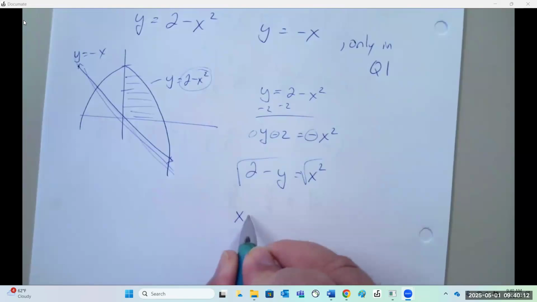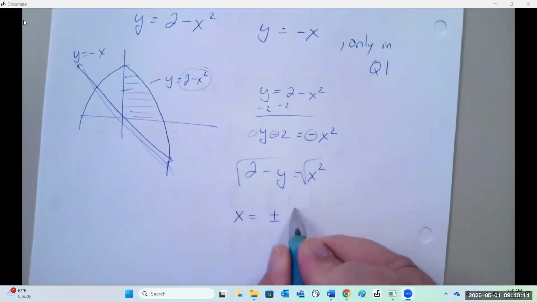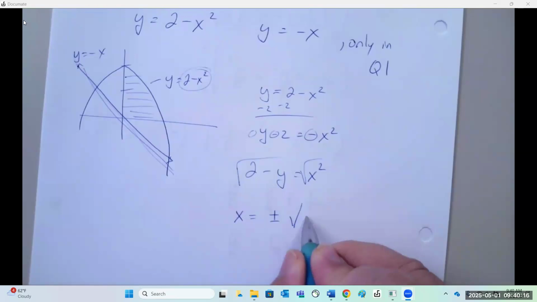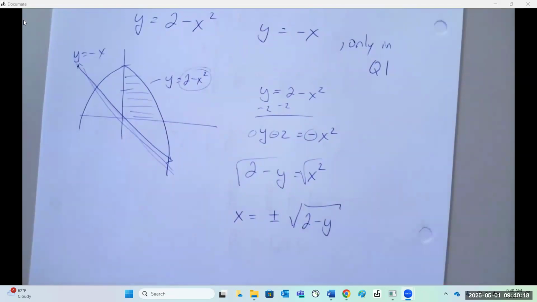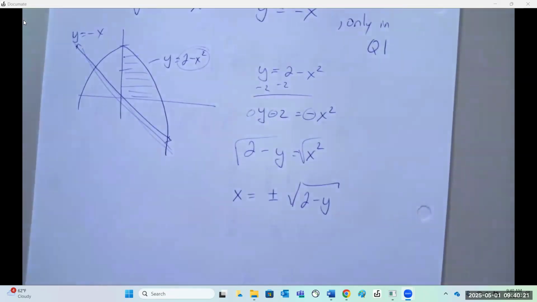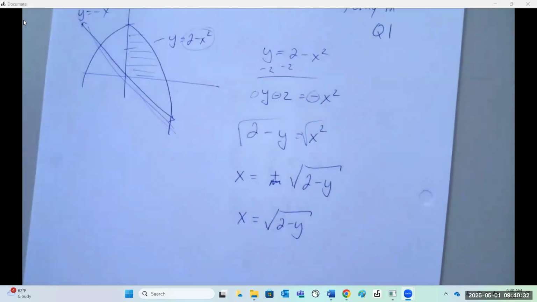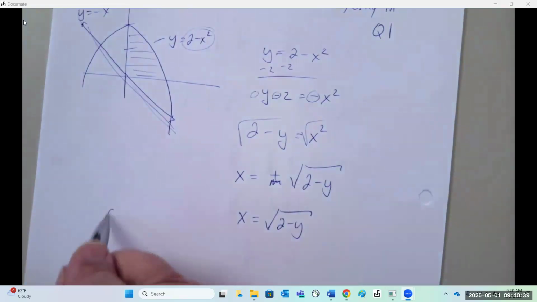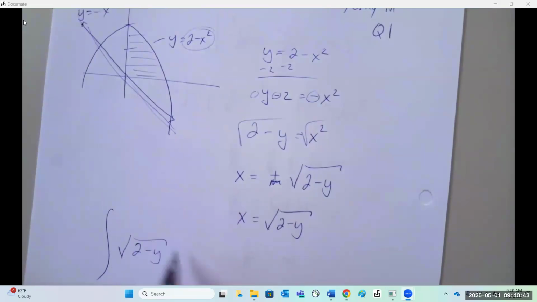So we get x is equal to plus or minus the square root of 2 minus y. We can't use a negative because I only want quadrant 1. So this is my bound. That's my function I'm looking at. So square root of 2 minus y dy.